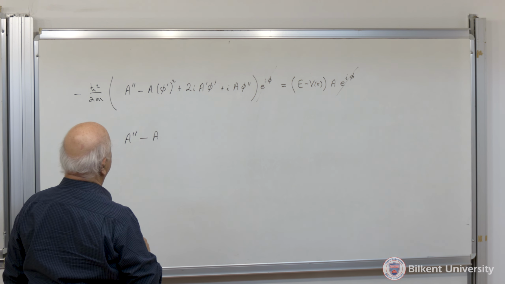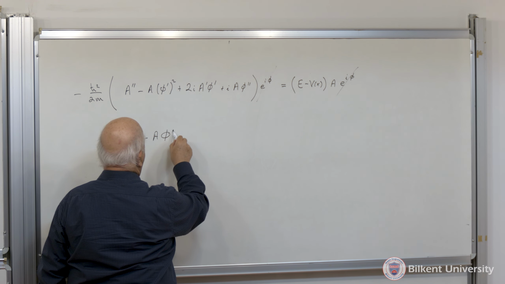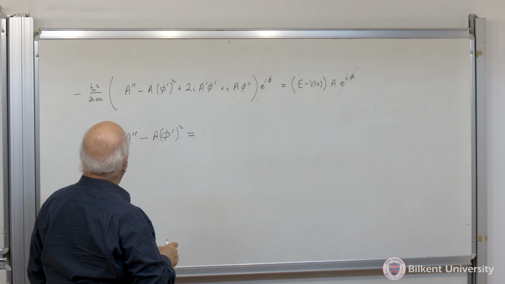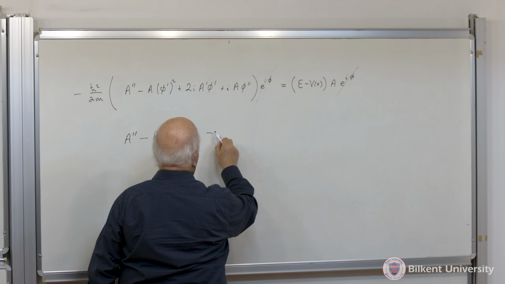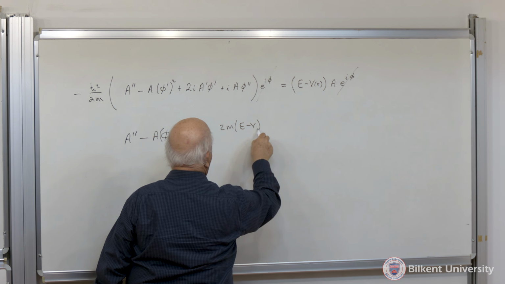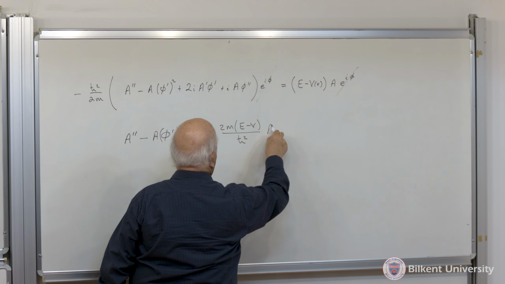I'm just going to write the real pieces, phi prime squared is going to be equal to minus 2m E minus V over h bar squared A.